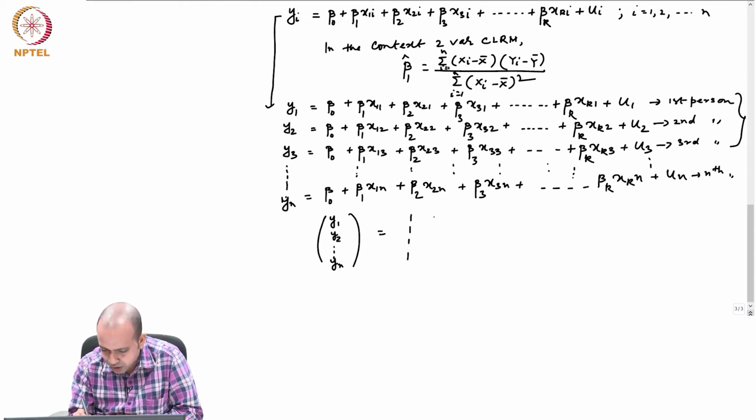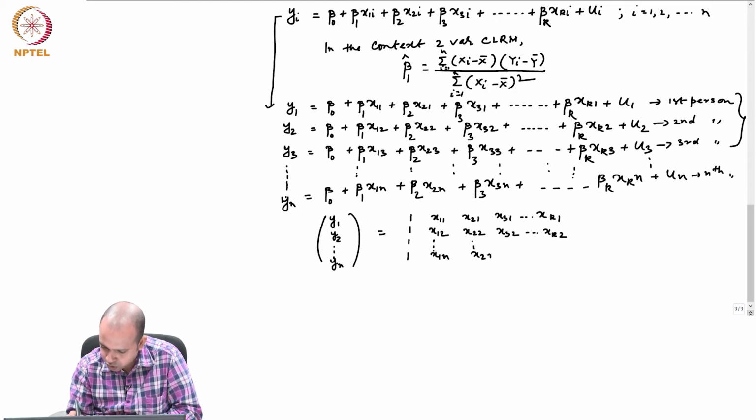Then we get x11, x21, x31 dot dot dot xk1, then x12, x22, x32 dot dot dot xk2, and so on until x1n, x2n, x3n, xkn.